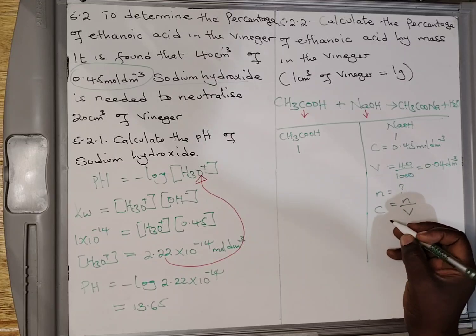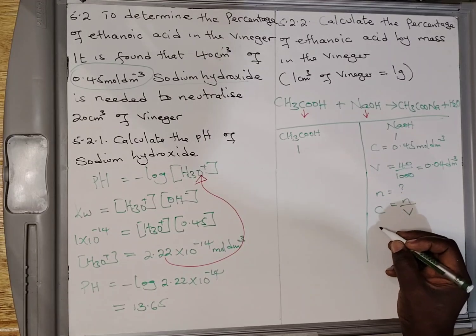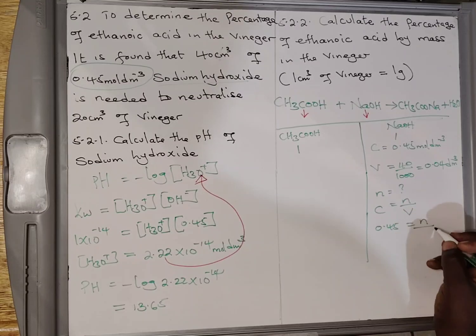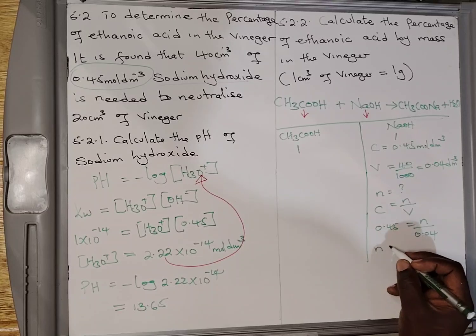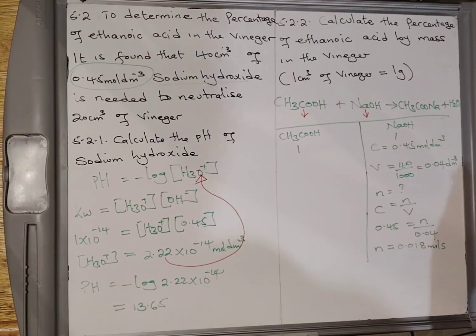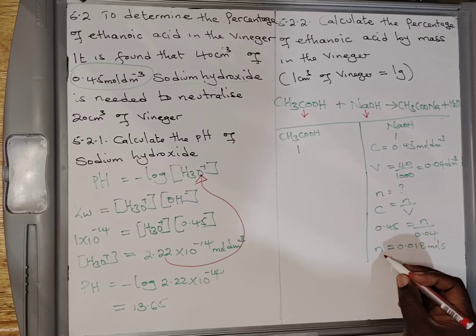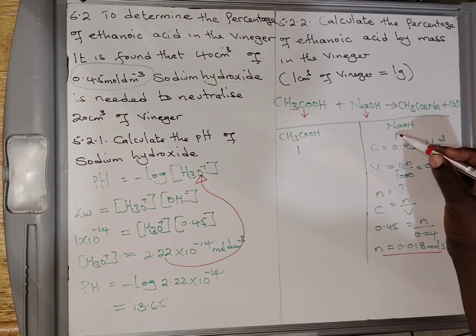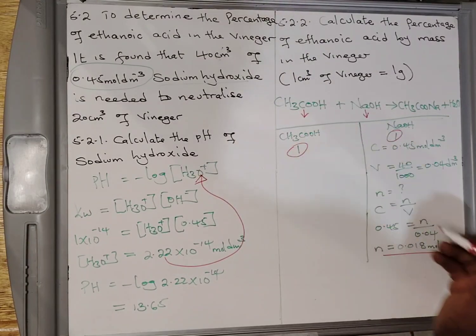What is the concentration? 0.45. N is wanted, and the volume is 0.04. So from here, what is our N? Let us find out. So we get the number of moles of sodium hydroxide which reacted. But you have to recall that the ratio is 1:1.